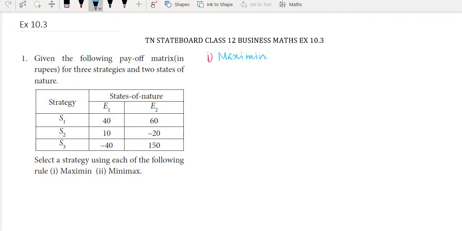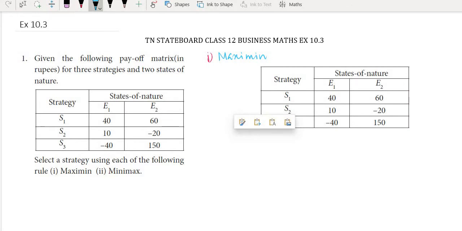For example, if I consider strategy 1, if E1 happens, its payoff is 40, and for E2 the payoff is 60. So the minimum among them is 40, and for S2 minus 20, and for S3 minus 40.